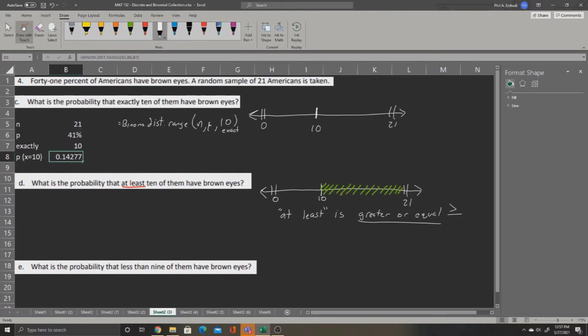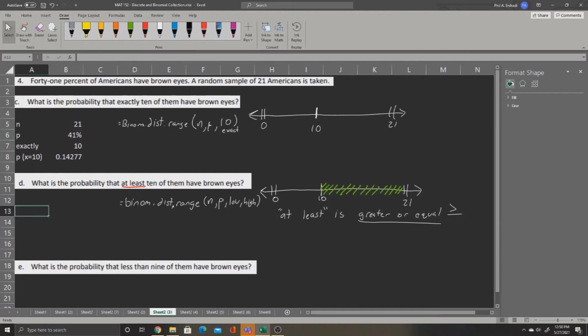Now, if we're going through a range in binom dist range, there's a slight modification to the formula. We'll still use binom.dist.range. We'll still say n for our first entry, probability for our second entry, the low number in the range, then the high number in the range.